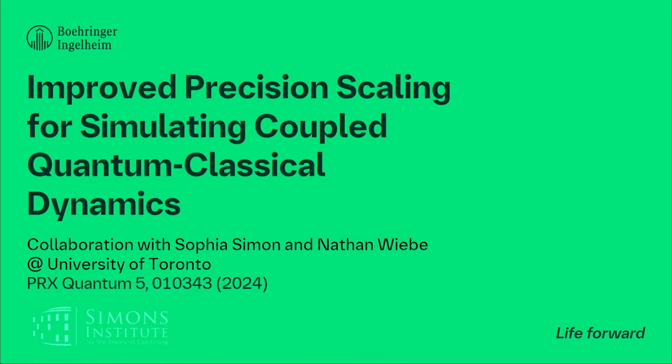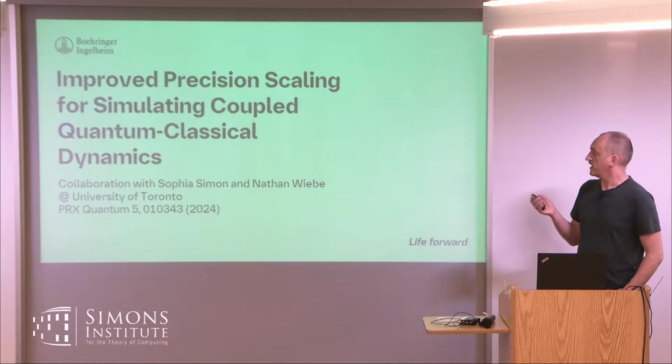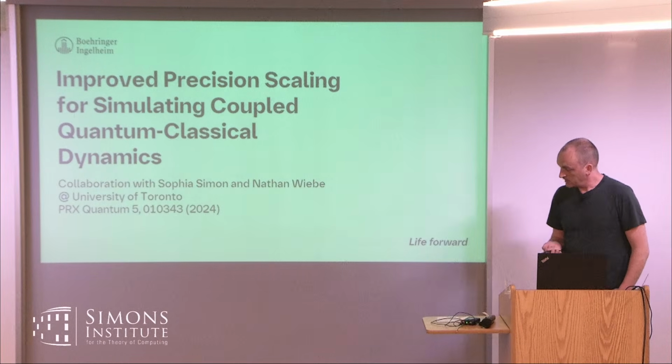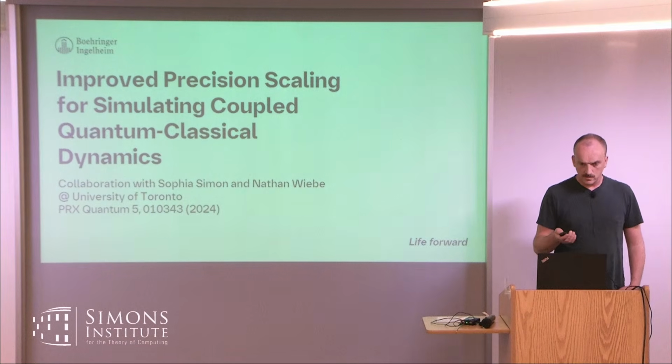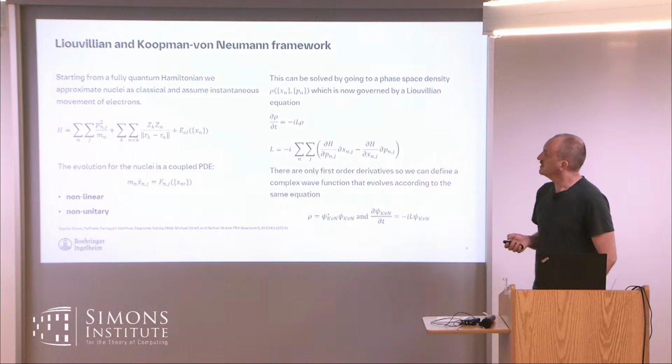So you're looking for the ensemble properties. You're not per se looking for these forces. So in this work with the University of Toronto, we tried to avoid calculating forces by doing everything coherently on the quantum computer. So how do we do this?